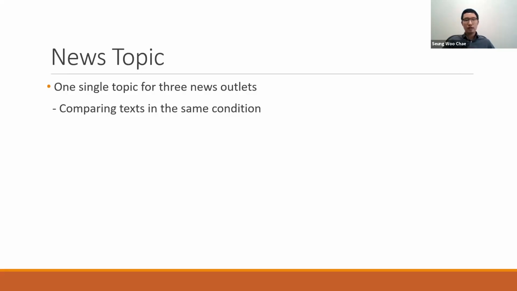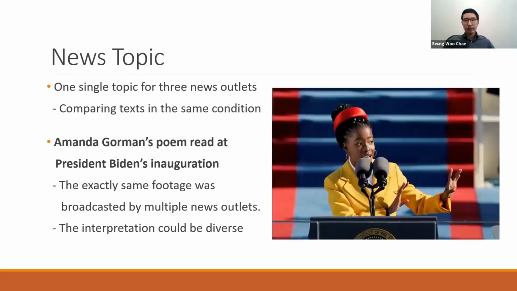So I chose this topic: the poem read at President Biden's inauguration. And there are a couple of reasons for that. One is that exactly the same footage was broadcasted by multiple broadcasters. Actually, this is also the reason that I chose news videos, not news articles, for this study.